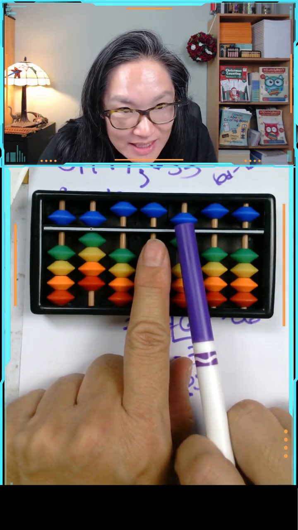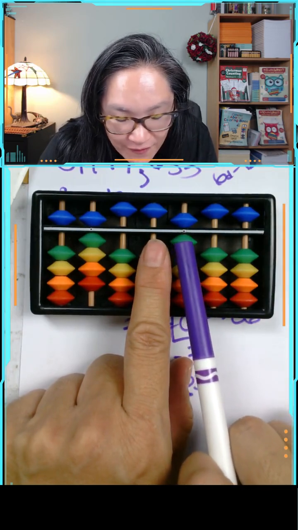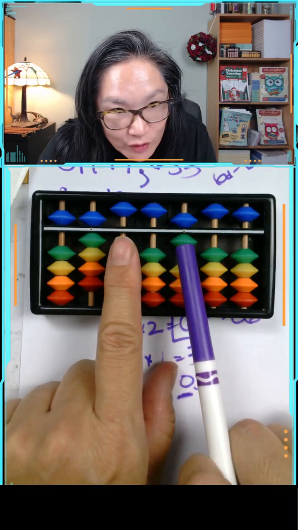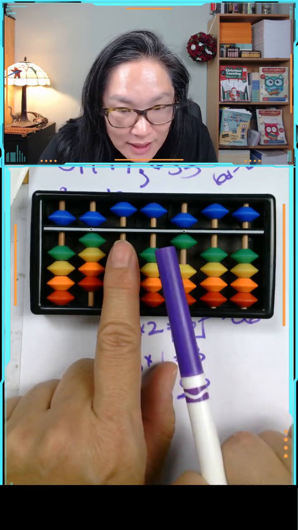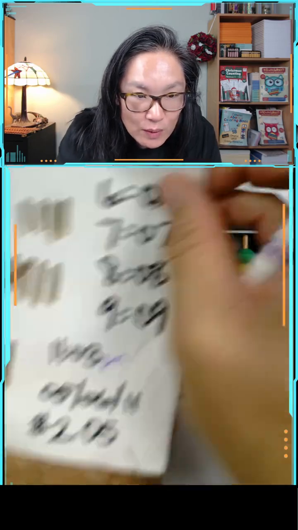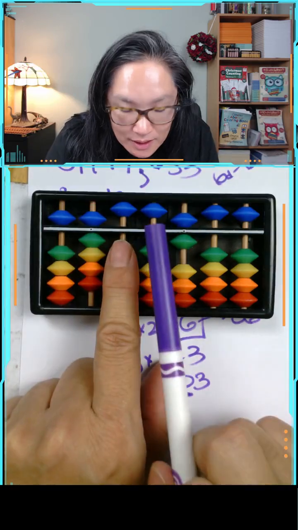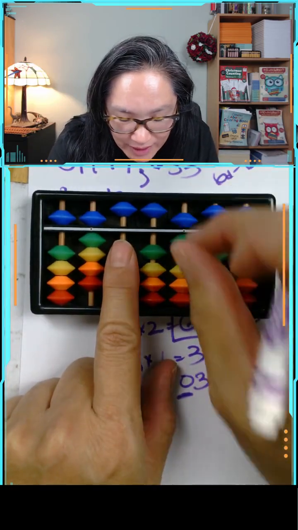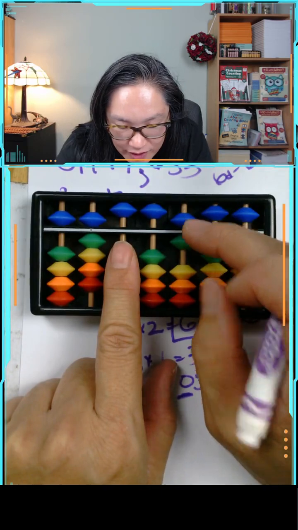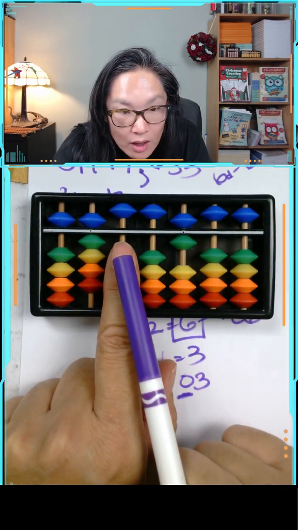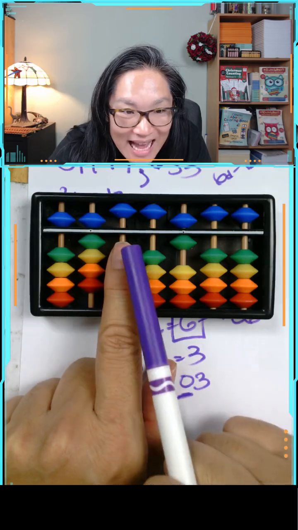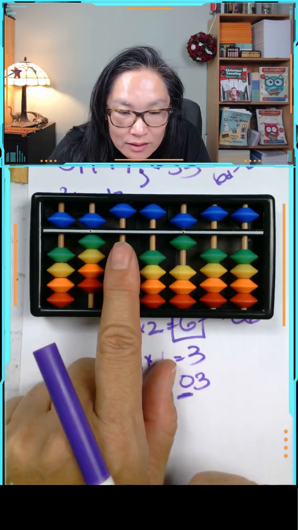But this is a single digit. If it's a single digit, we have to remember that there's a 0. The 0 is what pushes our quotient back 1. Because this is a single digit, our 0 pushes our quotient back 1. That's why we skip this one right here.